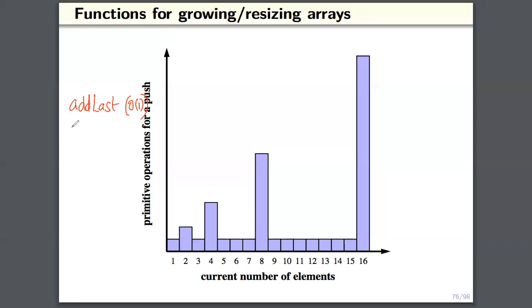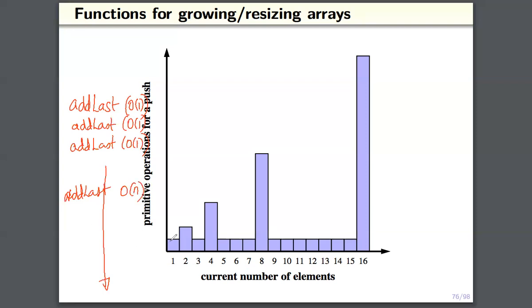Again, add last, it should take O of 1 time. And so on, ideally. But at some point, when you add last, it will call a resize function. So that add last will take O of n time.